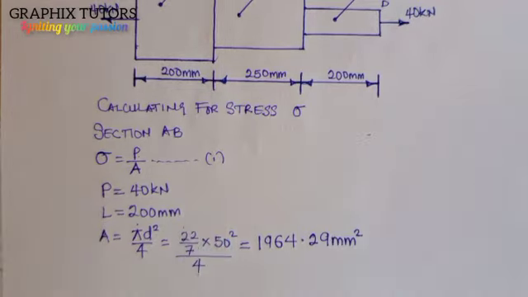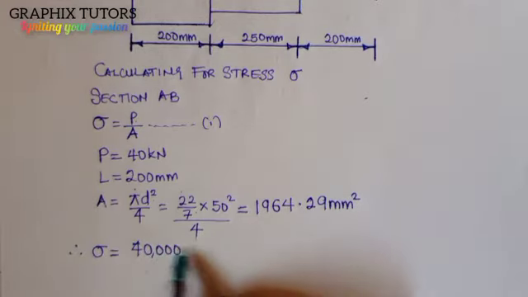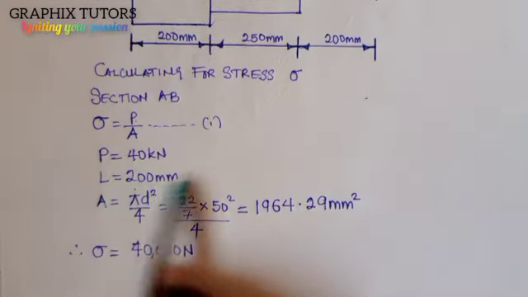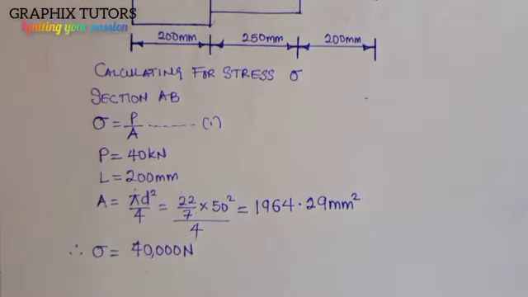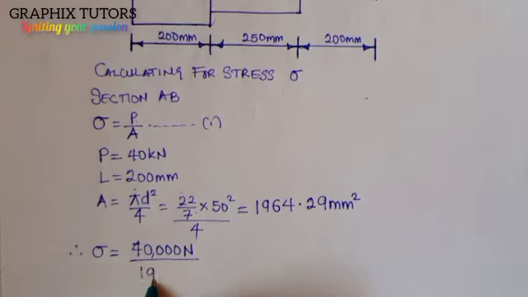The stress at AB will now be equal to the force, which is 40,000 Newton, because it is 40 kilonewton and kilo means 1,000, all divided by the area, which is 1964.29.